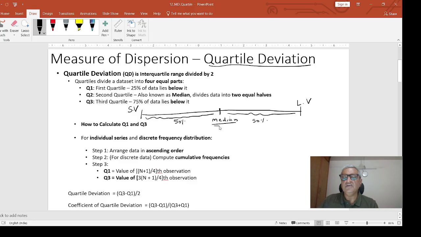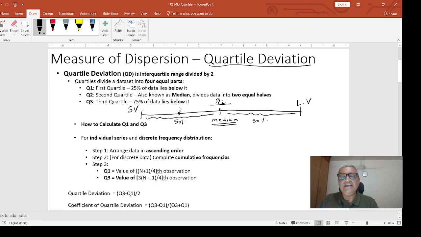And we have seen how to calculate a median. Now remember, a median can also be called quartile 2. So median is the same as quartile 2, which has 50% of the data to the left side and 50% of the data to the right side. Now what is quartile 1?